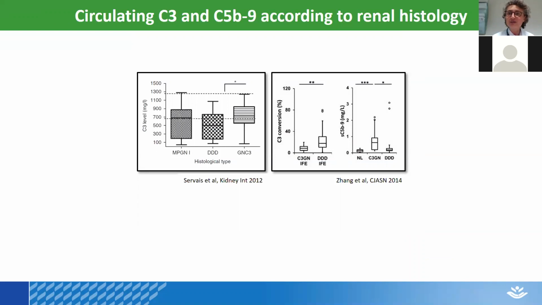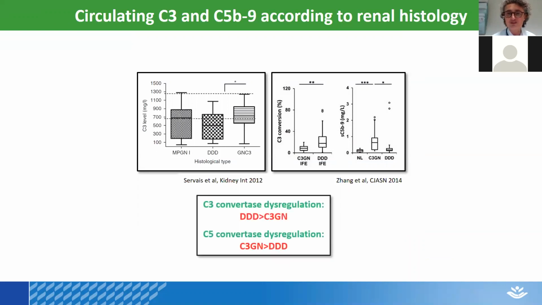And according to renal histology, so according to whether you have DDD or C3GN, recent research has shown that they can be different. This is important in view of the fact that we are going to have more availability of different new therapeutic agents that are able to inhibit the complement in different ways.